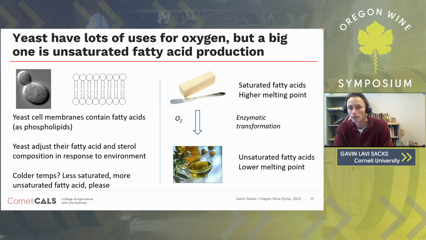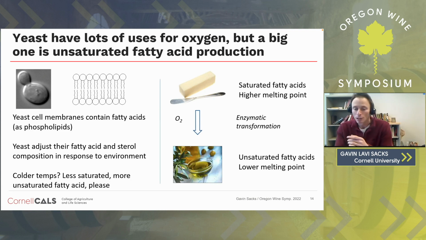Unsaturated fatty acids have lower melting points. If you're the yeast and you want to have the same fluidity or flexibility in your cell membrane, then it's beneficial to convert some of those saturated fatty acids into unsaturated fatty acids to increase that fluidity and maintain a cell membrane that's appropriate for a cool fermentation temperature.